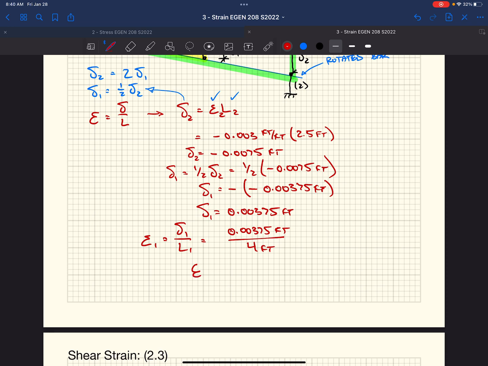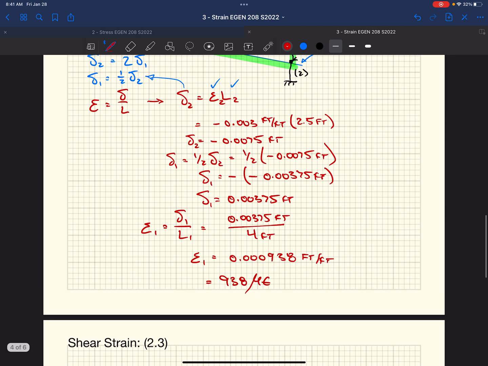We get a strain in rod 1 equal to 0.000938 feet per foot, which is the same as saying we have 938 microstrain. Questions?